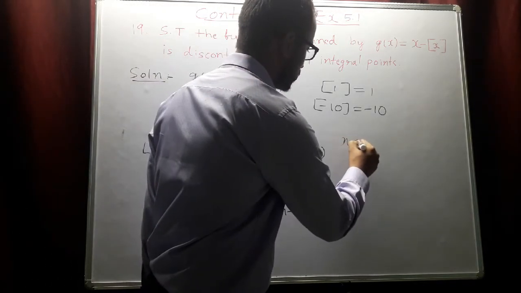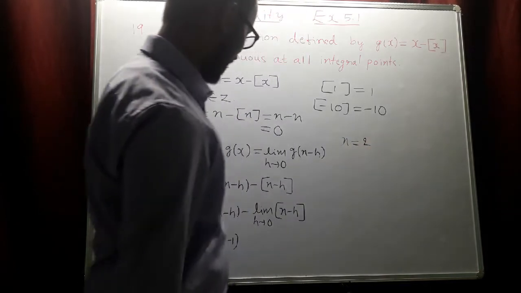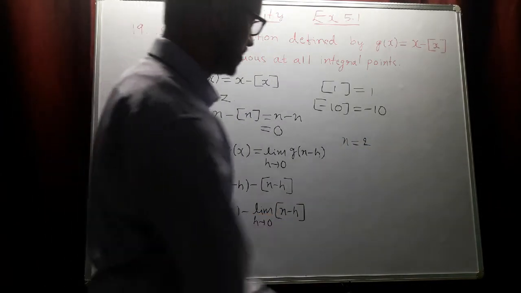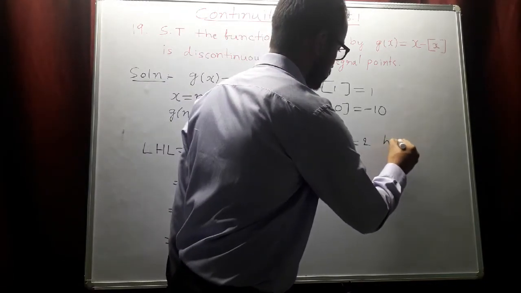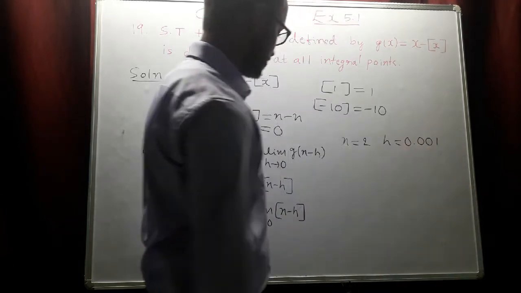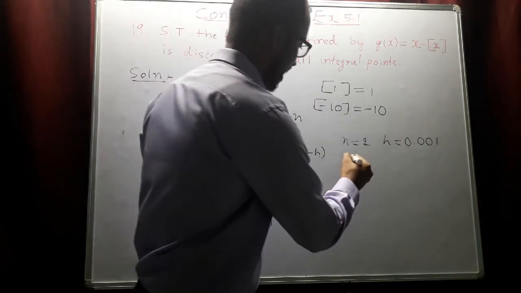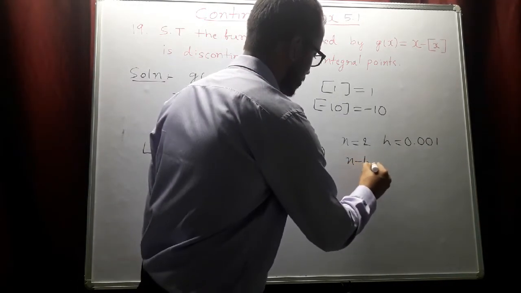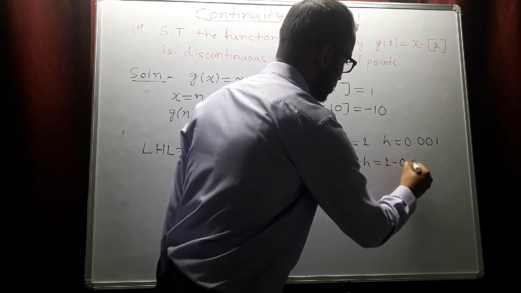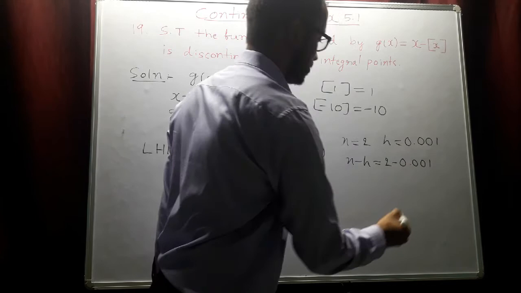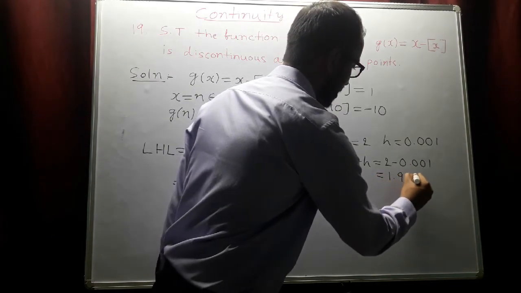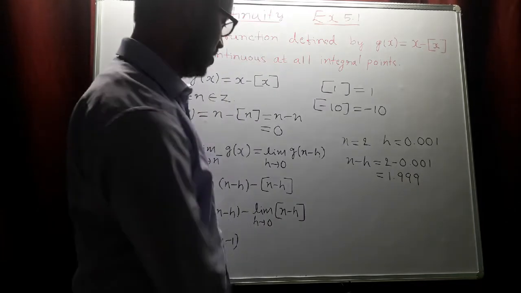Suppose n is equal to 2 and h is a very small quantity nearer to 0. Take h equal to 0.001. Then the value of n minus h is 2 minus 0.001, which is 1.999.